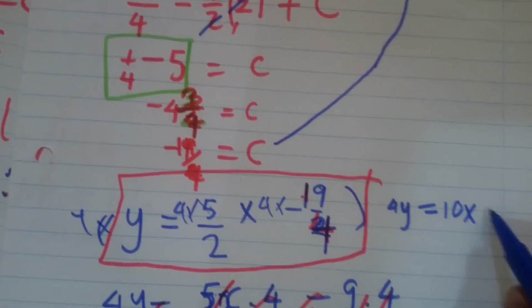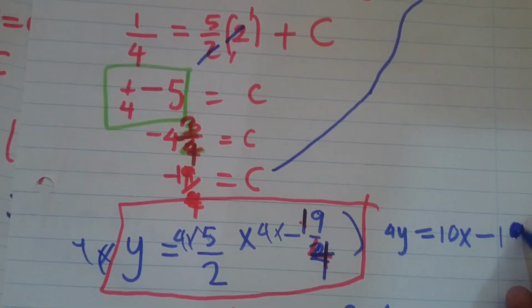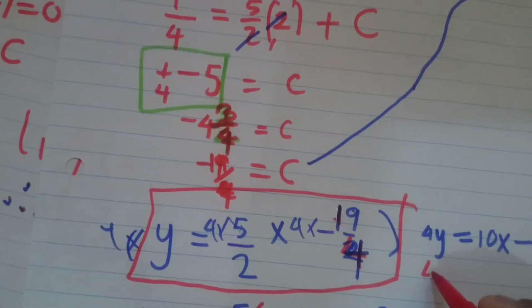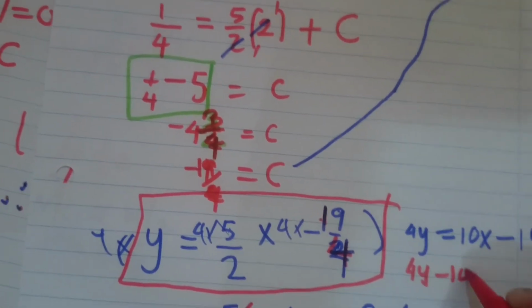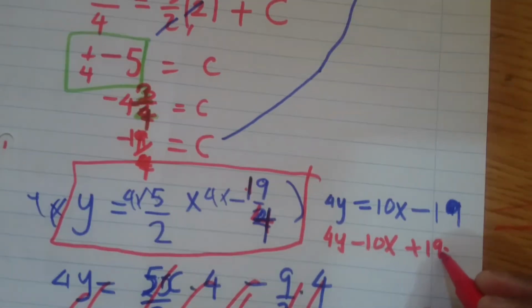But I have x minus 19. So take everything to the left. It's going to be 4y minus 10x plus 19 equal to 0.